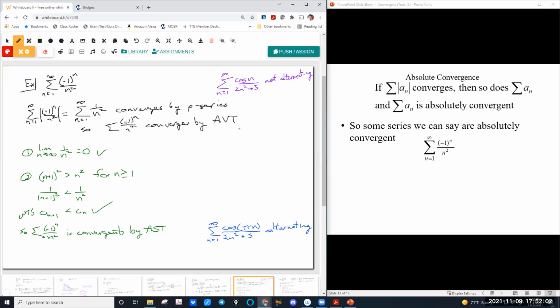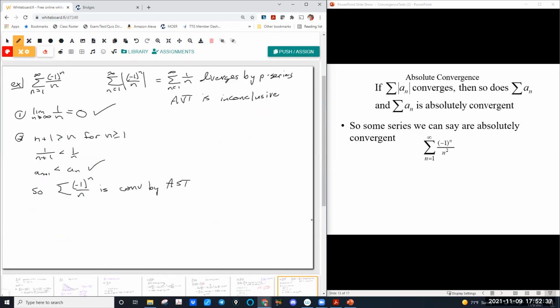Because the absolute value was convergent, and actually this is all you have to test. Once you show that the absolute value is convergent, we can go a step further and say that our series is absolutely convergent. All right.